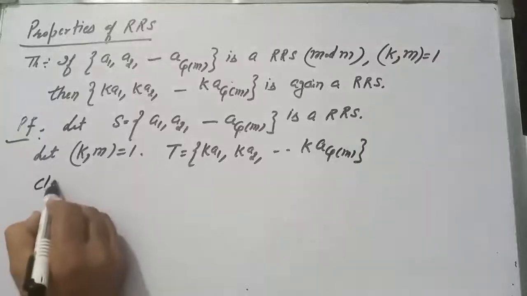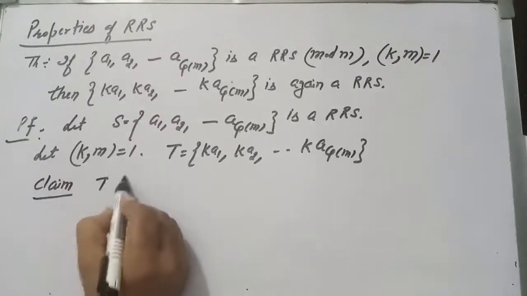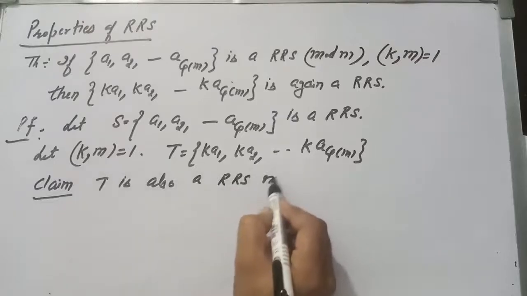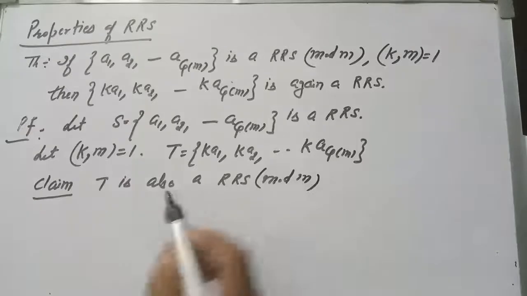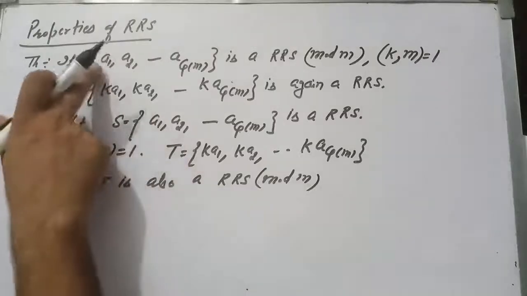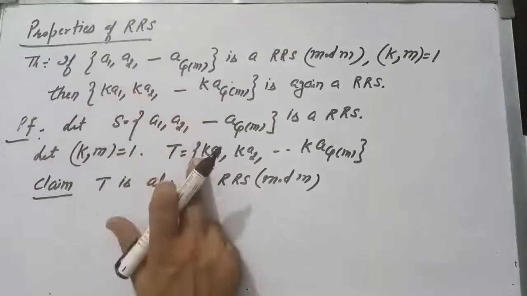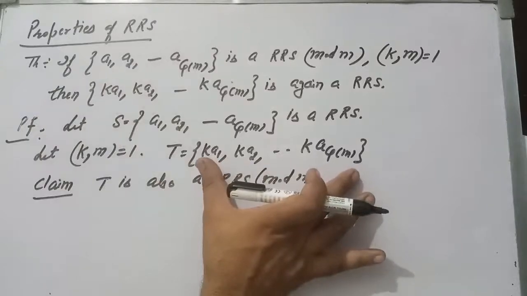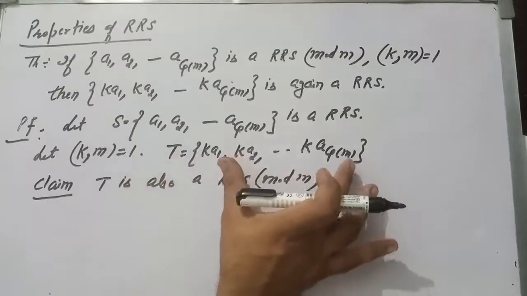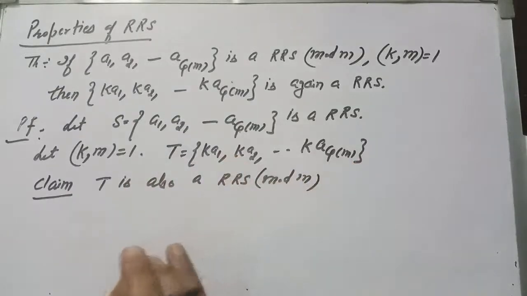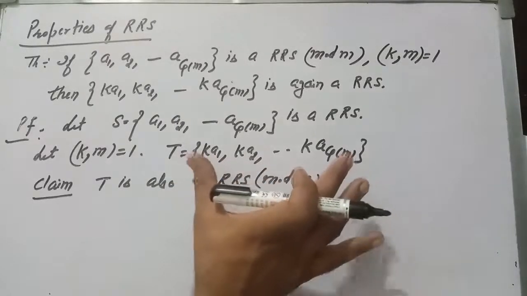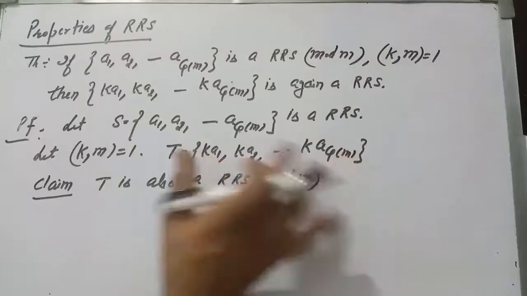What we have to show is that T is also a reduced residue system modulo m. First we have to show that if these are phi m elements, then after multiplying by k we still have phi m elements. So we have to show that after multiplying by k, the number of elements remains the same in T as that of S.